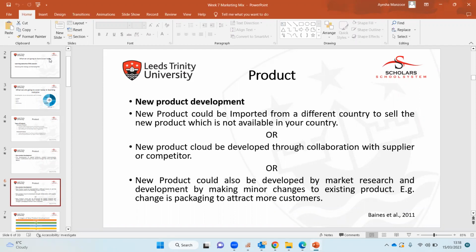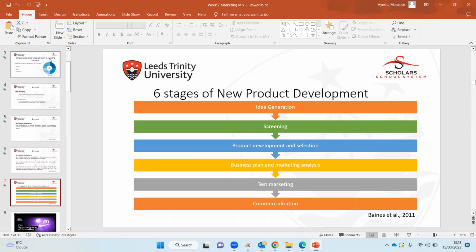This is how they can make changes to existing products. For example, they can change the packaging to attract more customers. They can add flavors to the existing products, or they can launch a new range of the existing products as well. So making a variation is very important to survive in the market.